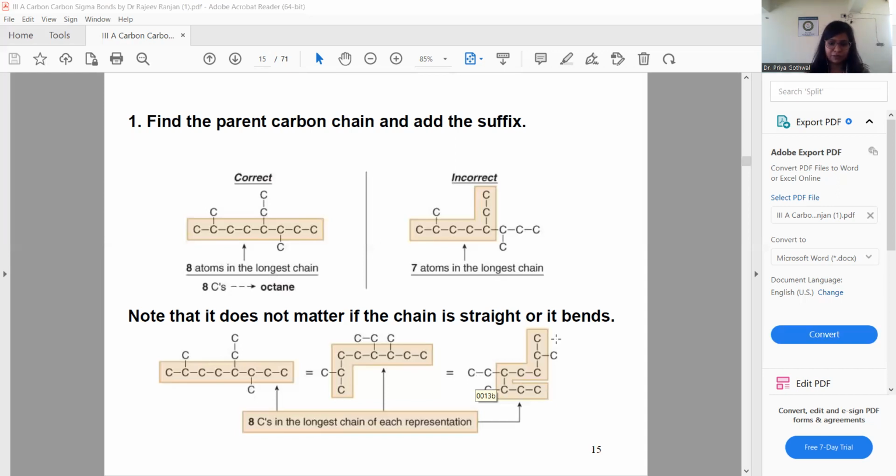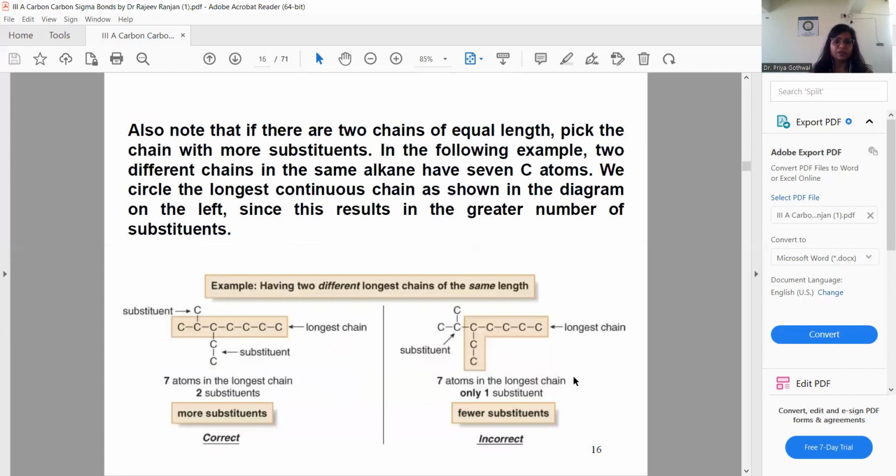Next, also note that if there are two chains of equal length, pick the chain with more substituents. In the following example, two different chains in the same alkane have 7 carbon atoms. We circle the longest continuous chain as shown in the diagram on the left, since this results in the greater number of substituents.